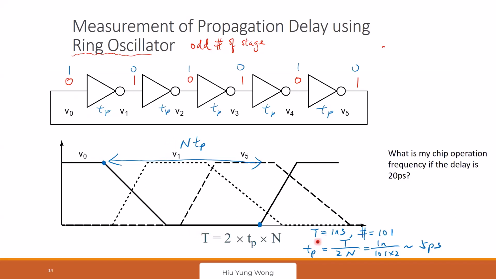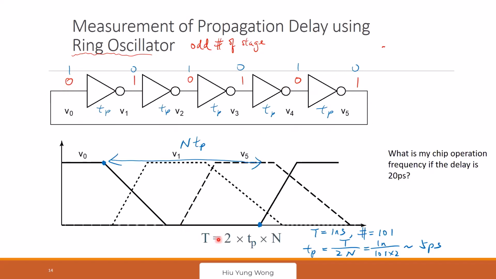Any question about this? Professor, why do we have to multiply by 2? That is because TP should be multiplied by N, because it takes one loop to toggle from 0 to 1, another loop to go back to 0.